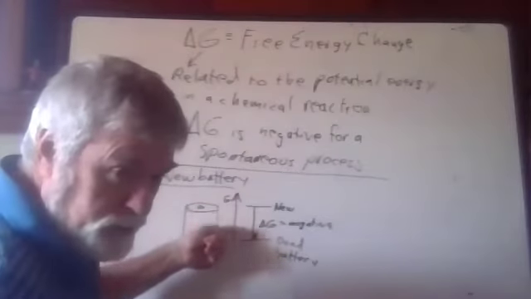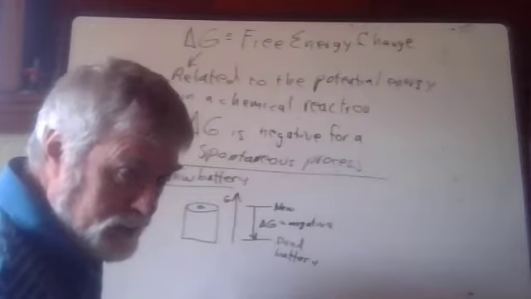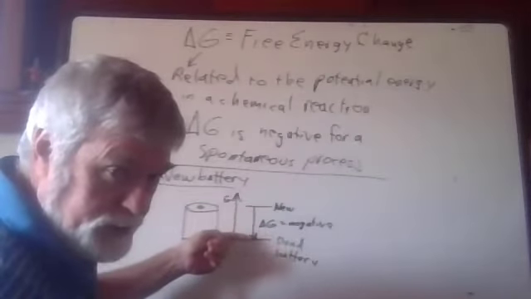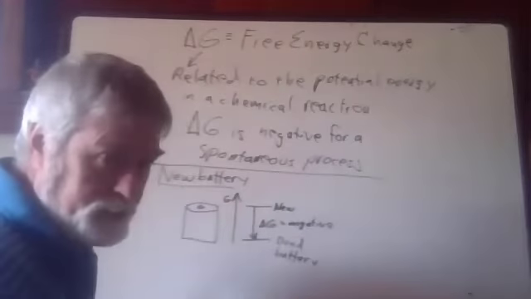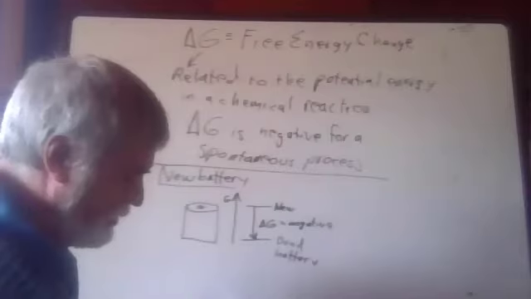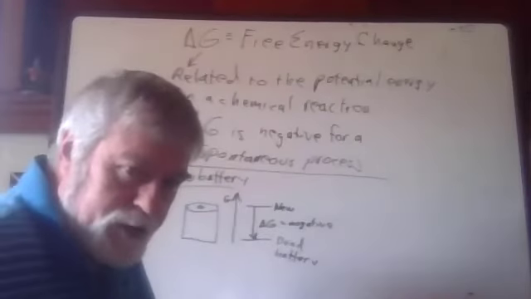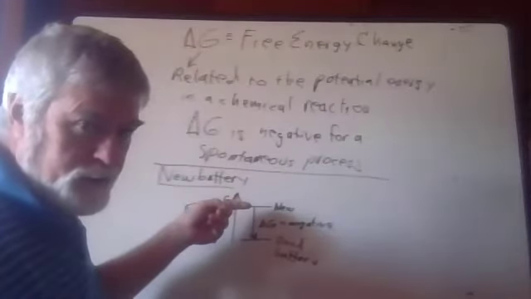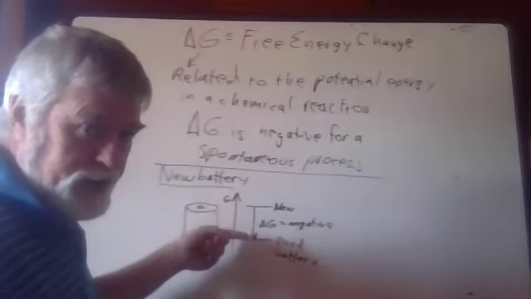Because if you were to go down to where the battery was dead, you're at a lower energy, so you're losing that potential energy. That's why it's going to be a negative number going from here to there. That's a way of thinking about it graphically as well. If we're up here, then we have that far to go.